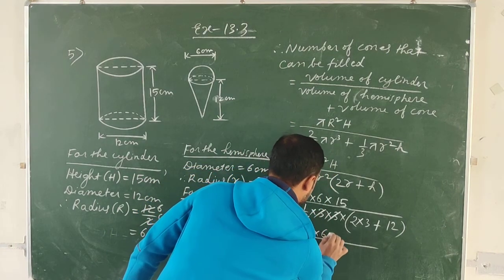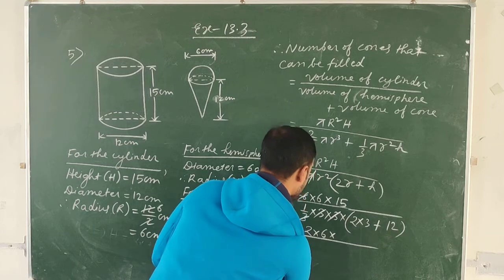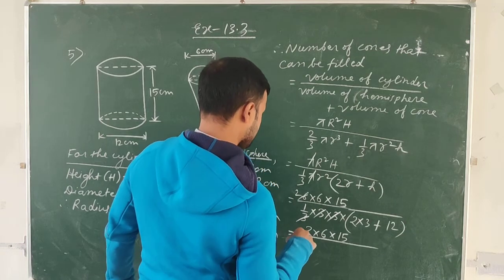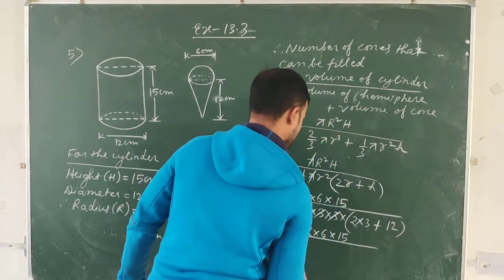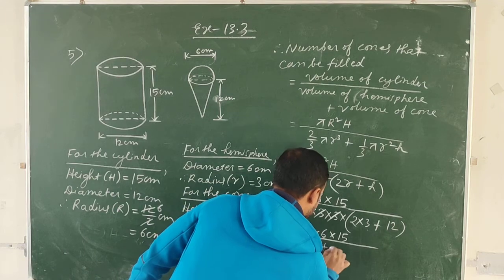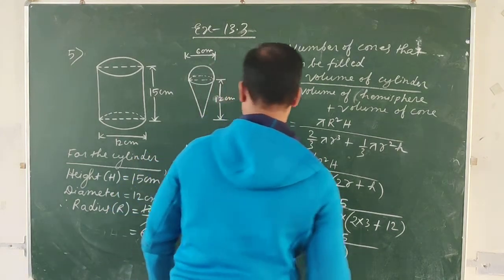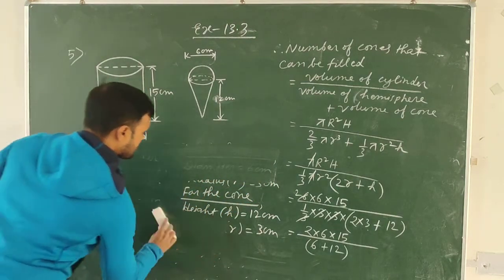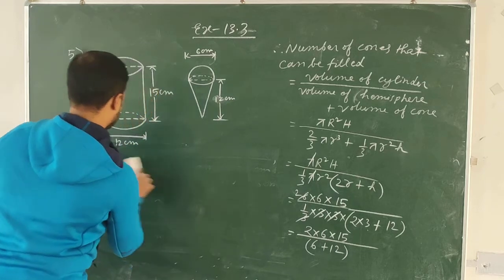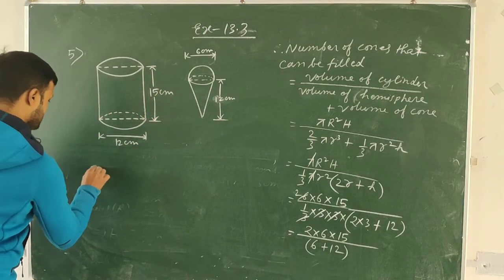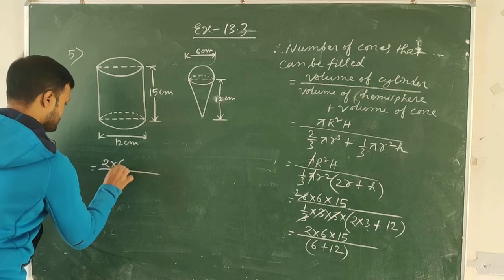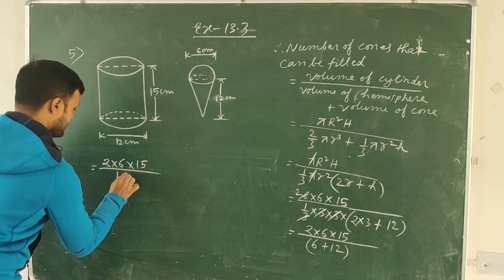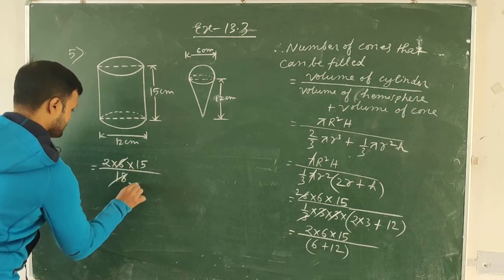So 2 into 6 into 2 into 6 into 15, and below 15 into 6 and 3 times 12.